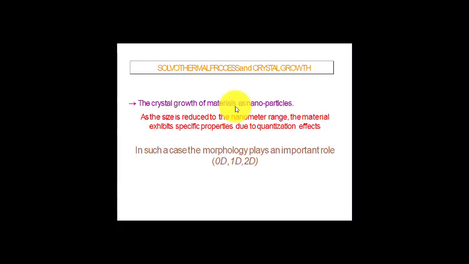Nanomaterials can be synthesized in zero dimension, one dimensional, two dimensional, even three dimensional. Three dimensional ones are actually clusters of nanomaterials, so usually we do not consider them. We only consider zero dimensional, one dimensional, and two dimensional nanomaterials.